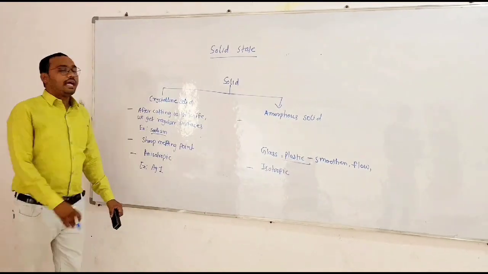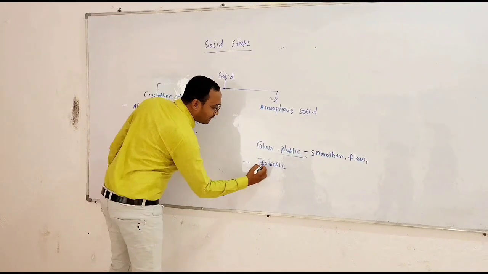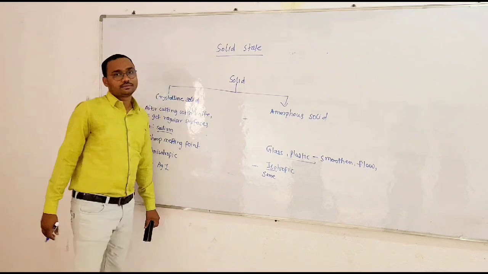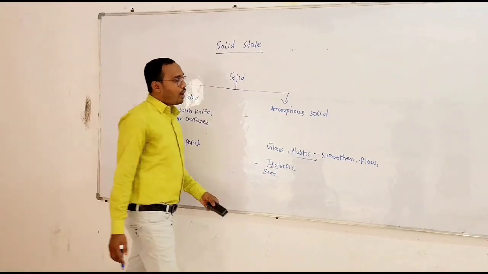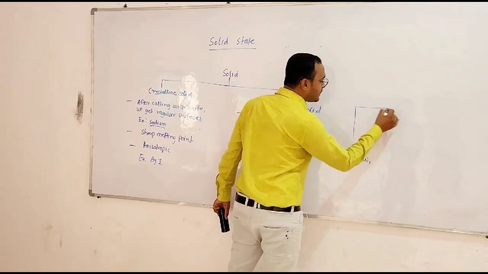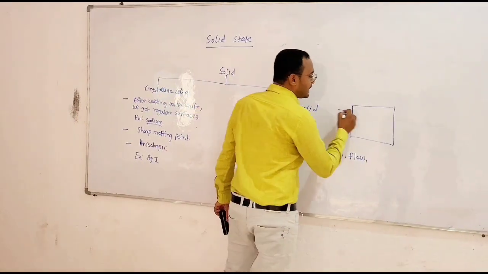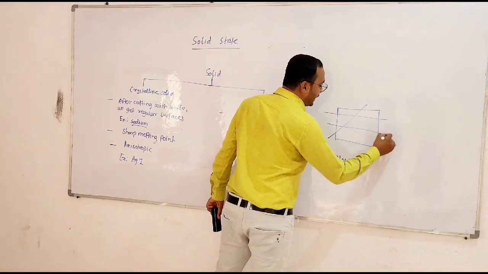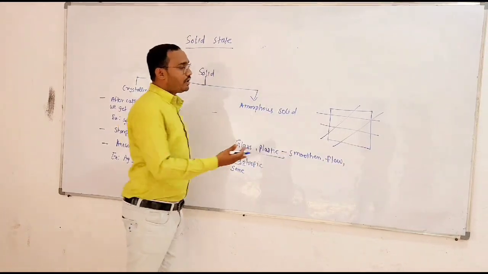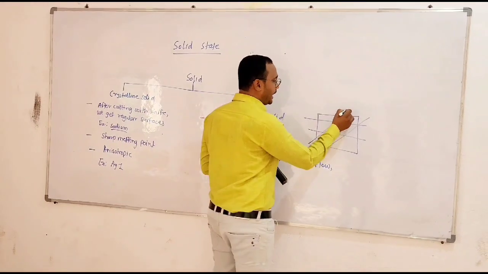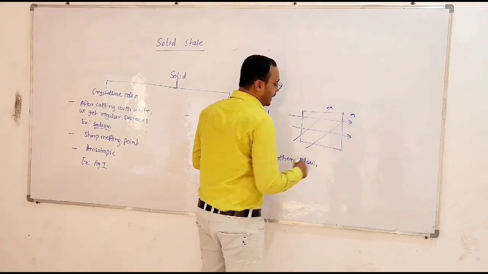What does that mean? Isotropic means the word itself says iso means same or similar. That means whenever we observe a certain property through amorphous solid, we get the similar property in any direction, just because of irregular arrangement of particles. Just take example of refractive index.